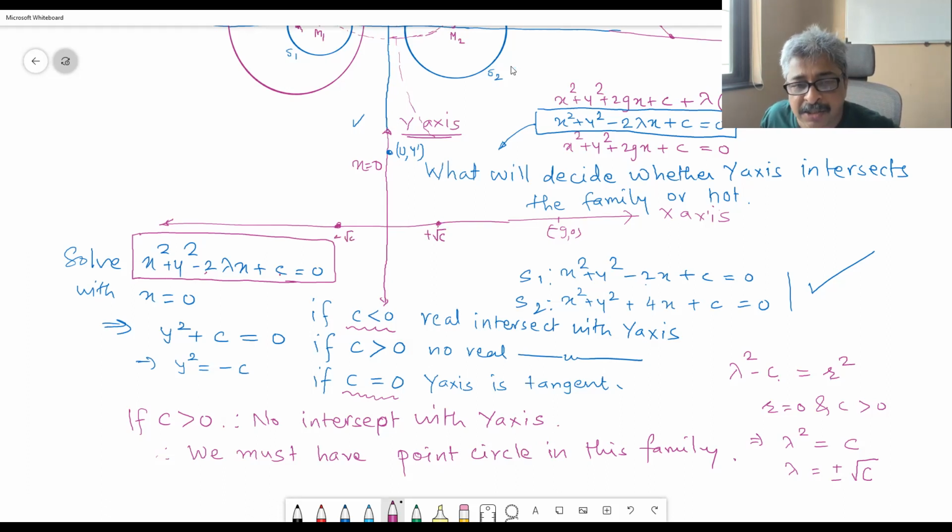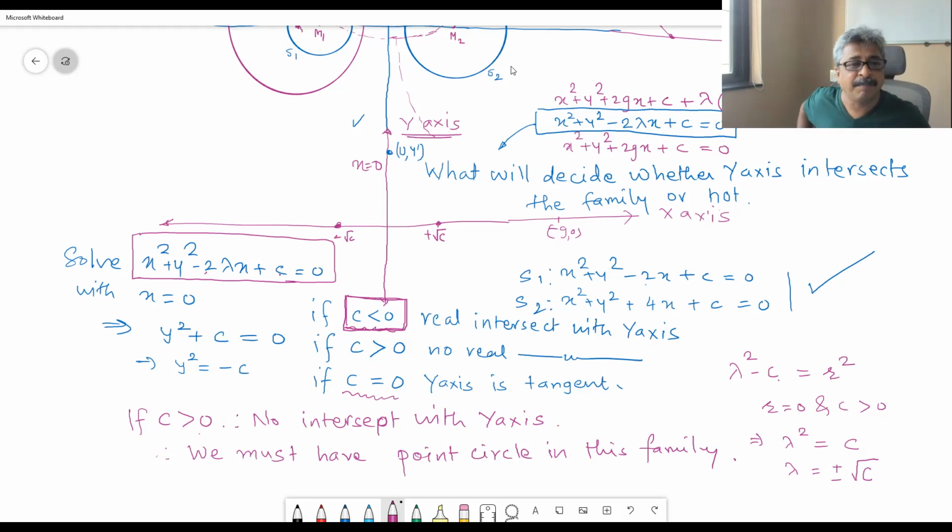They are called limiting circles or point circles. So if c is greater than 0, you end up having point circles. It is as simple as that. But if c is less than 0, you don't have point circles, because lambda is going to be plus minus root of something negative. So it's falling in place.